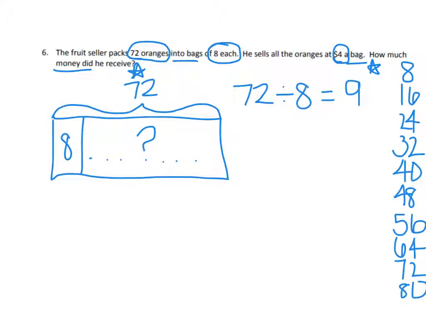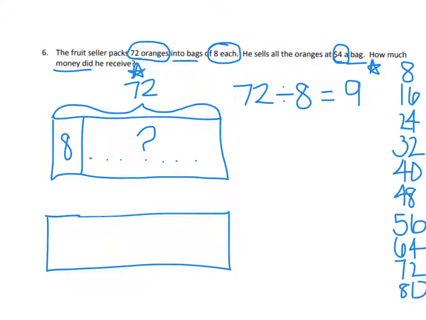So the second part tells me that he sells the oranges at $4 a bag. So I just solved that there were 9 bags. So now I'm going to draw a piece of tape to show that there are 9.